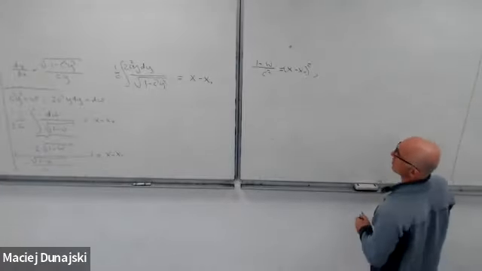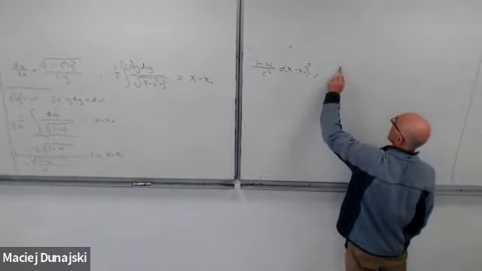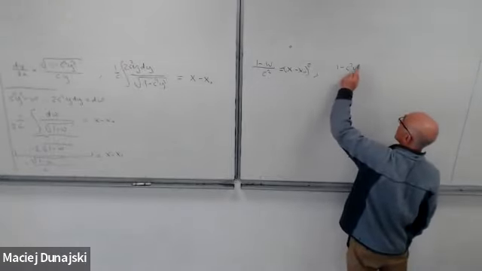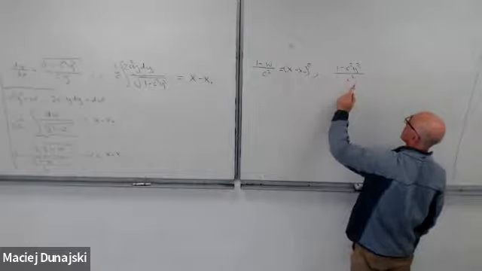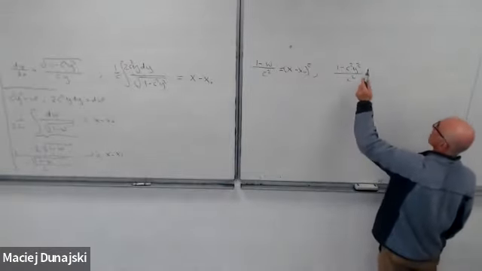1 minus w is 1 minus c squared y squared over c squared. Maybe it's not too bad. It's not too bad. It's not good.